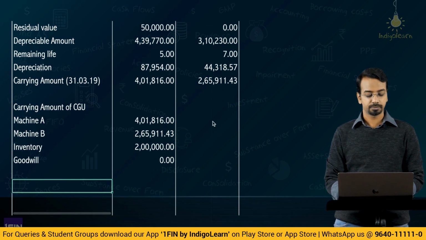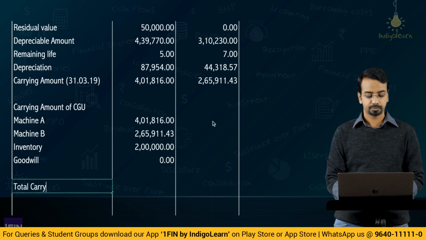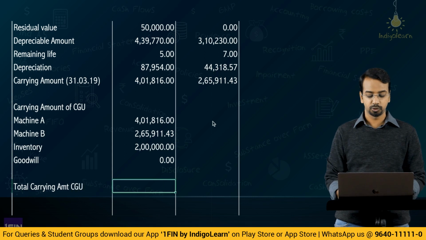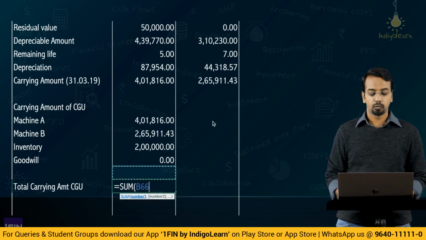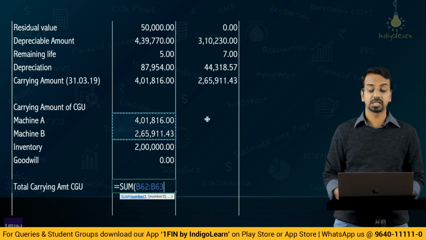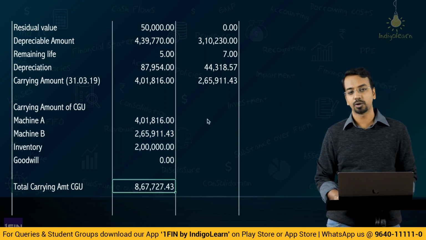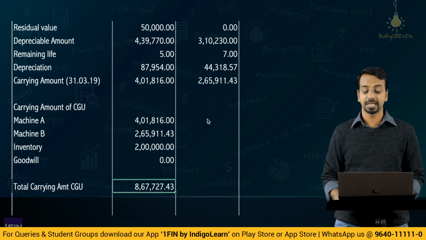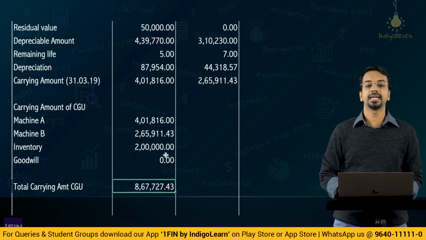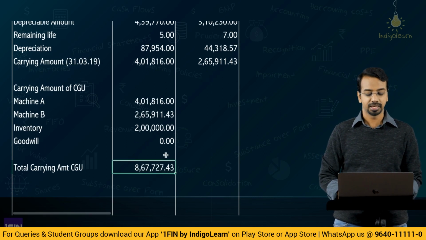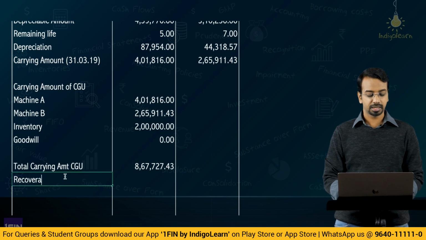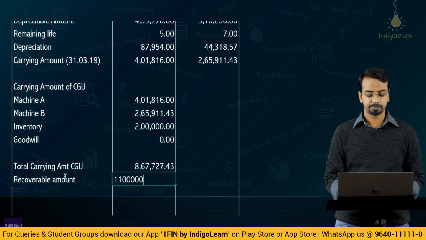So what is the total for CGU? 4,01,816 plus 265,911 plus 2 lakhs will give you 8,67,727. This we have to compare with the recoverable amount of 11 lakhs.